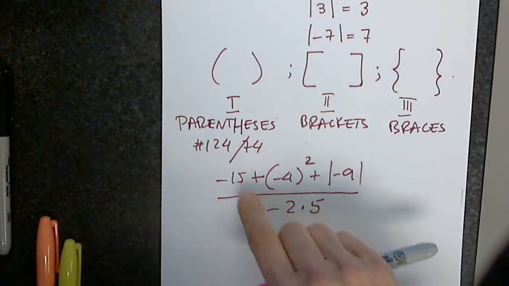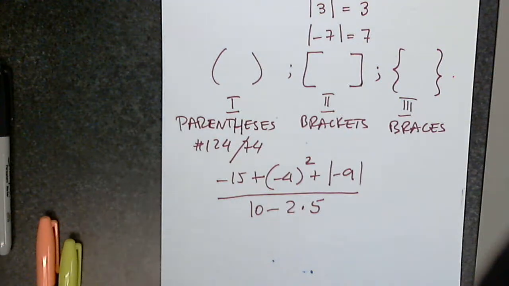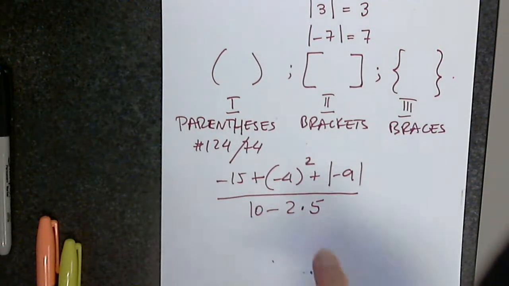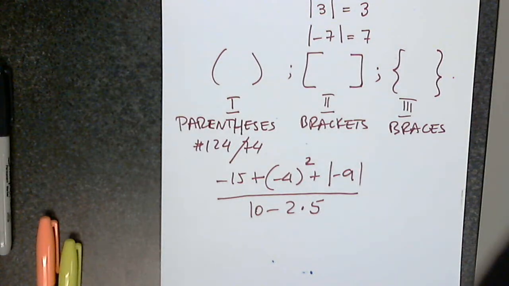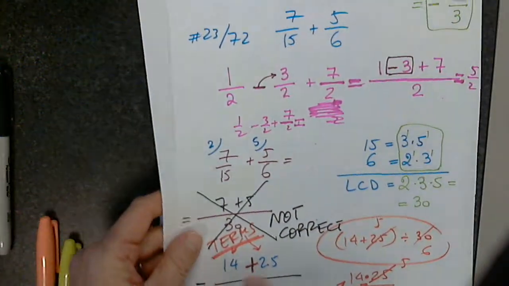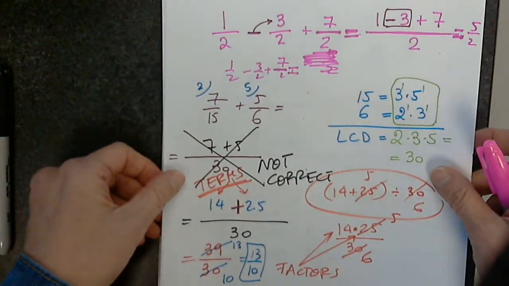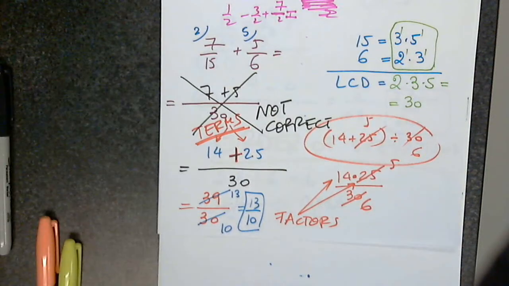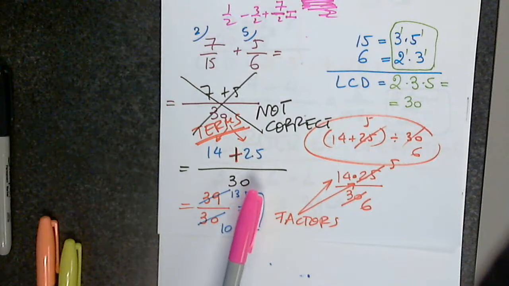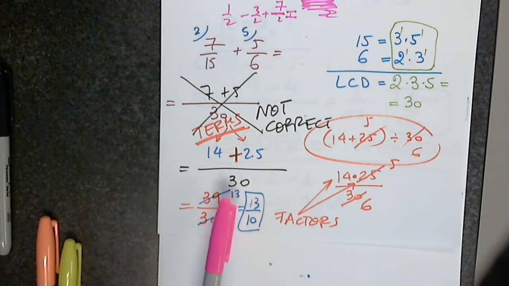I want to cross out 15 with 5 and say 15 divided by 5 is 3 and 5 divided by 5 is 1. Right? Yes. Gotcha.